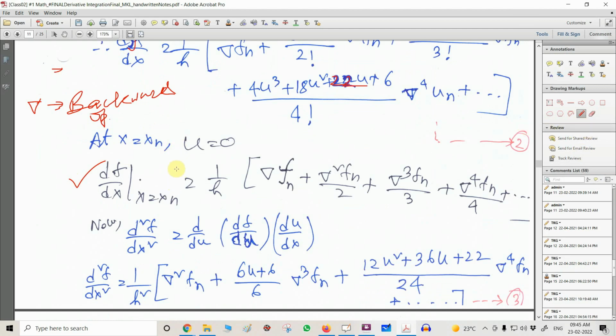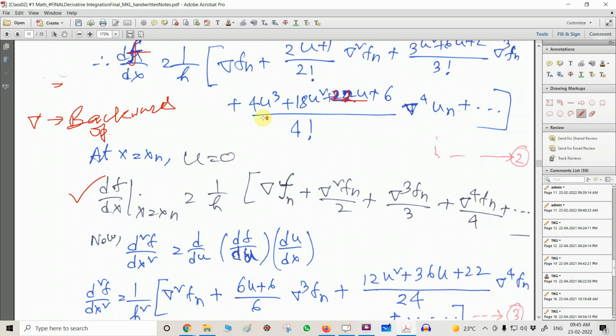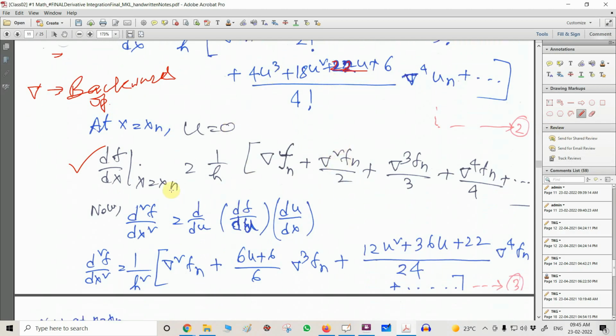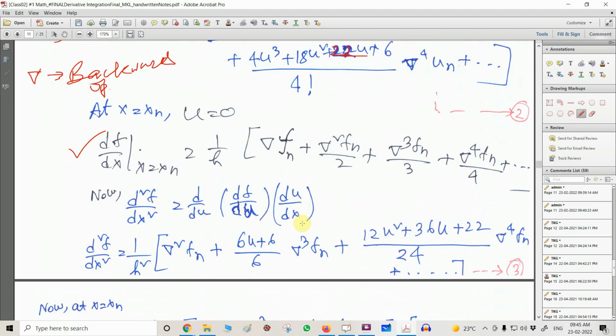Now, if you put u equals 0 in equation 22, then you will have this equation. And now you can also find d2f/dx2 in this way. The derivations are simple, and similar to the forward method. So d2f/dx2 equals d/du into df/du into du/dx.